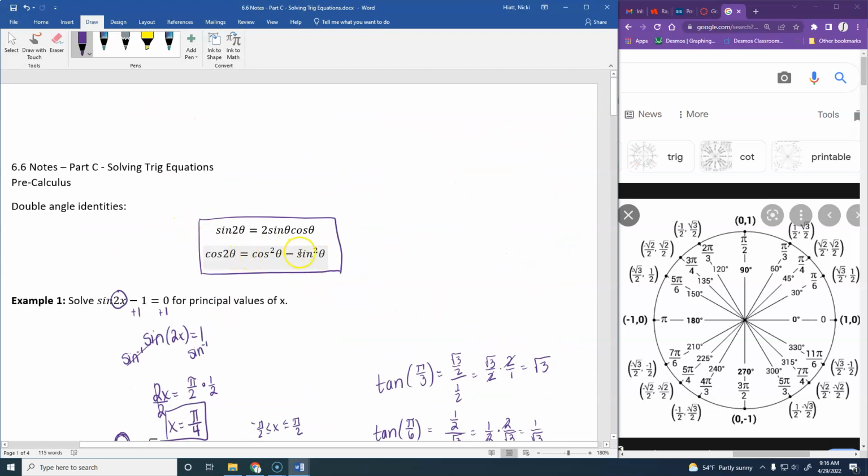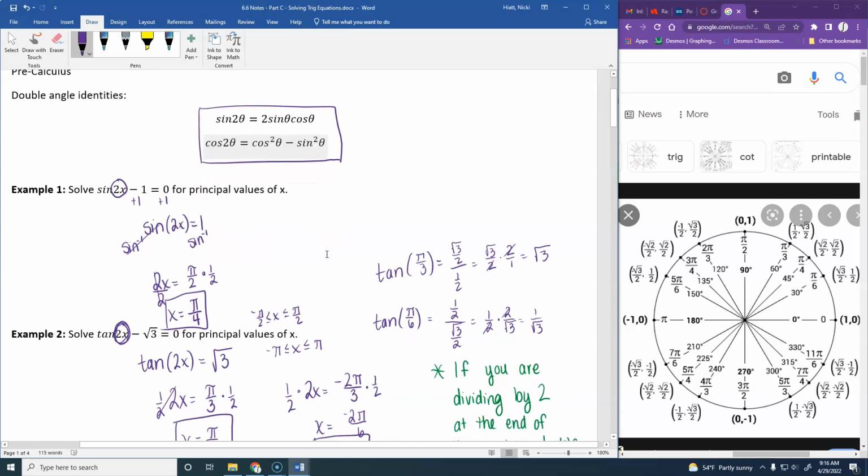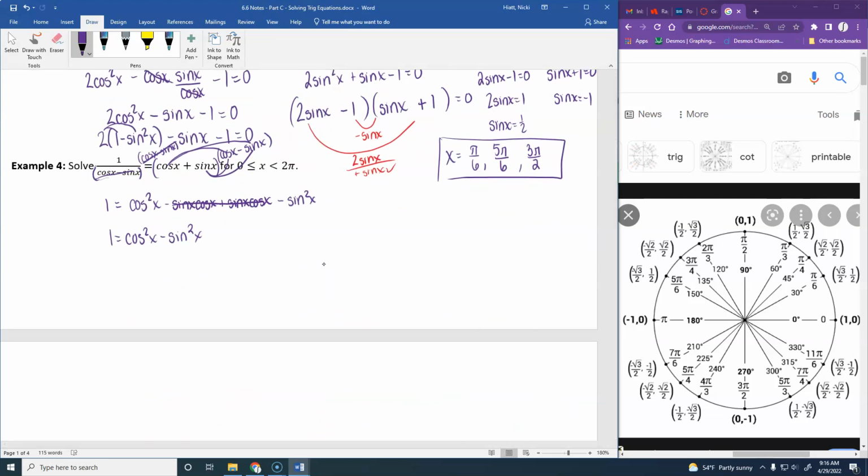What does cosine squared theta minus sine squared theta equal? Cosine 2 theta. So we would have 1 equals cosine of 2 theta. We're going to keep this, or I guess it's x in this problem.